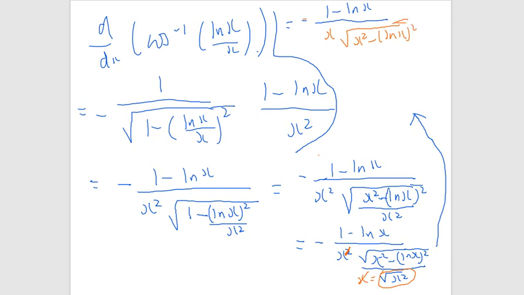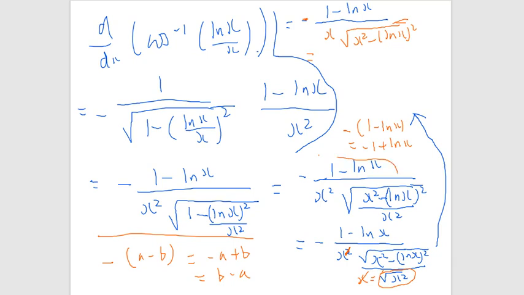And what to do with this minus sign? Remember, negative a minus b is the same as negative a plus b, which is the same as b minus a. So we multiply the minus sign in: negative bracket 1 minus ln x gives minus 1 plus ln x, which is the same as ln x minus 1.